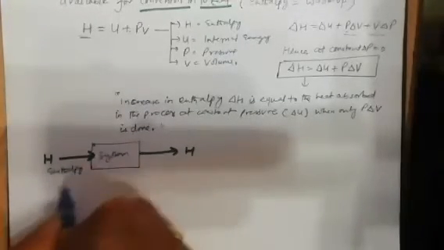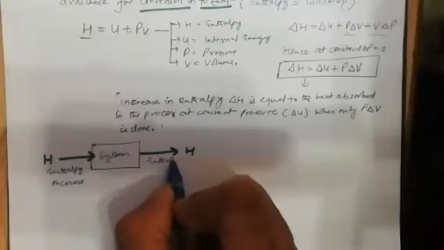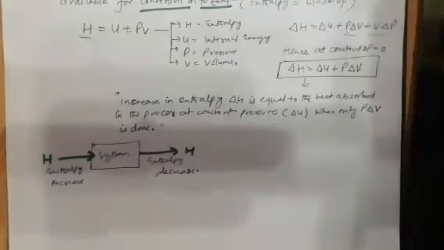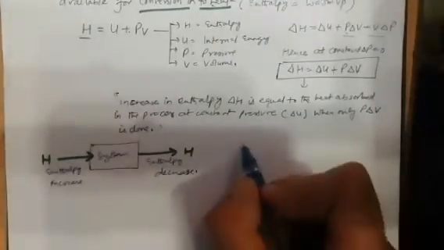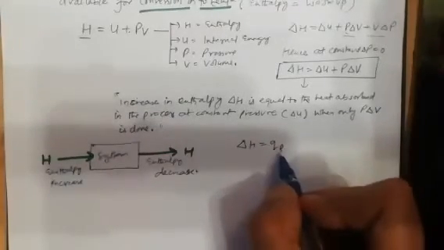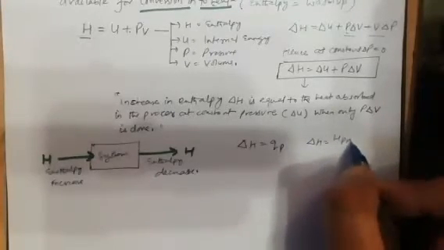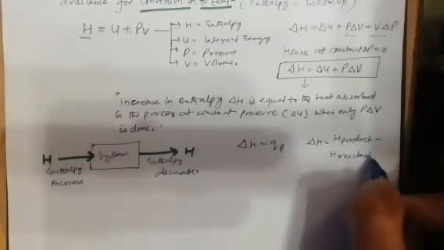So in this situation the enthalpy of the system increases, and in this case the enthalpy of the system decreases. So long as the system does no additional work, the heat supplied is delta H equal to Qp. It is independent of path, and delta H is equal to H product minus H reactant.